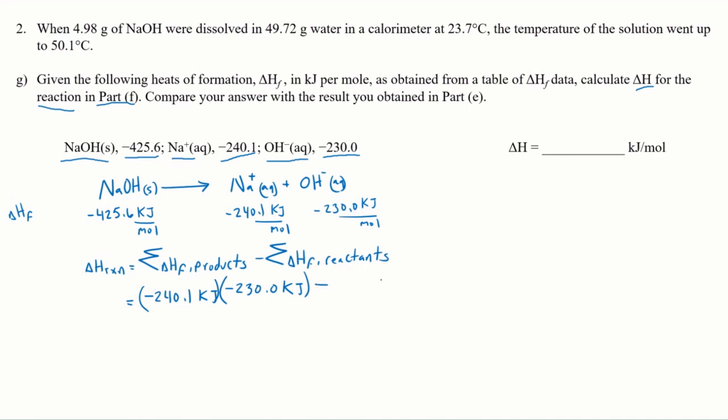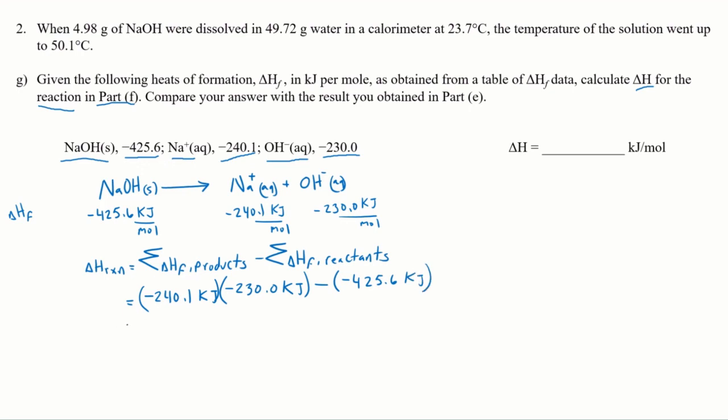And to subtract that from the reactants, well, I only have one reactant, sodium hydroxide solid, and I have 1 mole of it, and the delta H of F of sodium hydroxide solid is negative 425.6 kilojoule per mole. So this here will give me a value of negative 425.6 kilojoules.